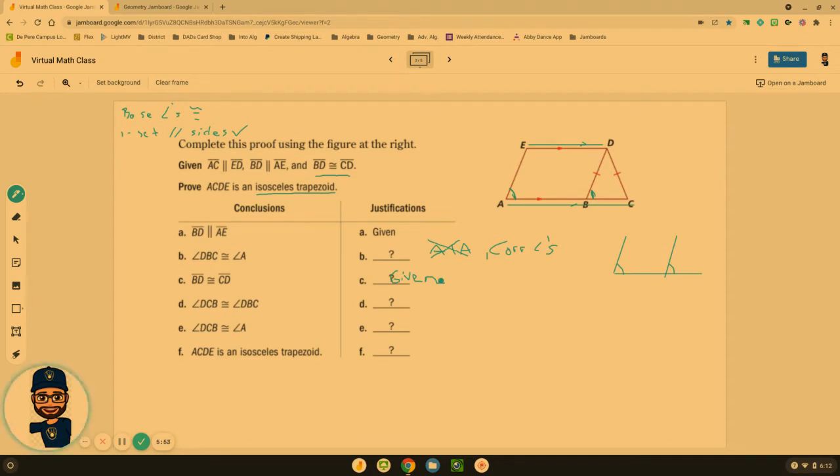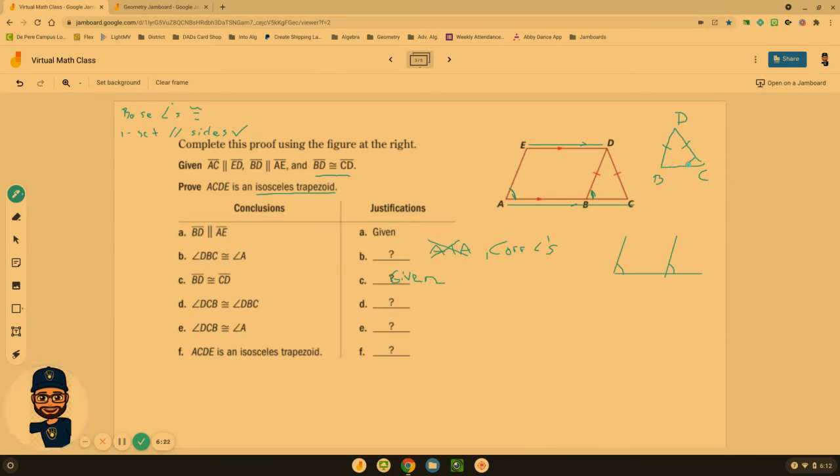So if I look at triangle DBC, and they're telling me this side is congruent to that side, that should send off an alarm. I've got an isosceles triangle, which means angle DCB is congruent to angle DBC.